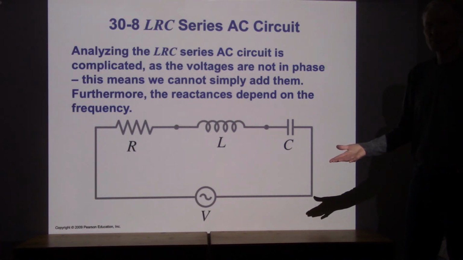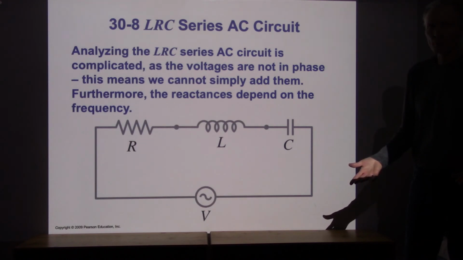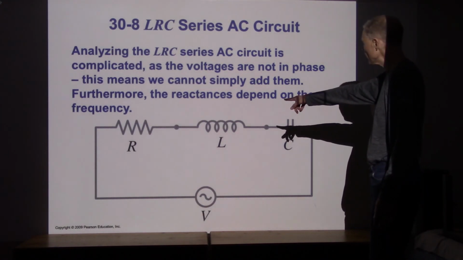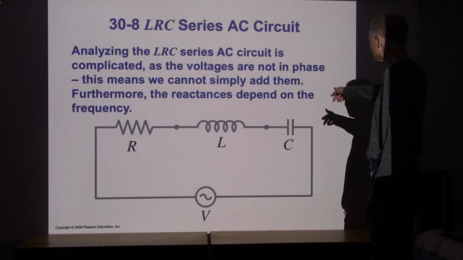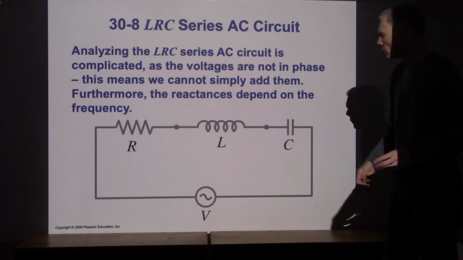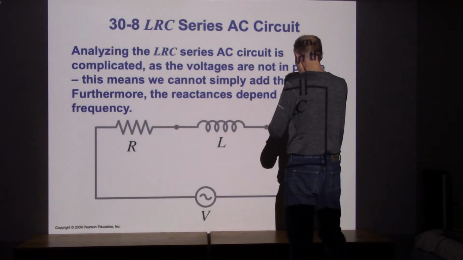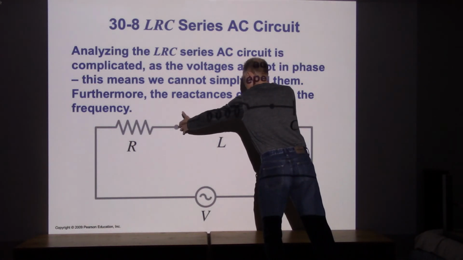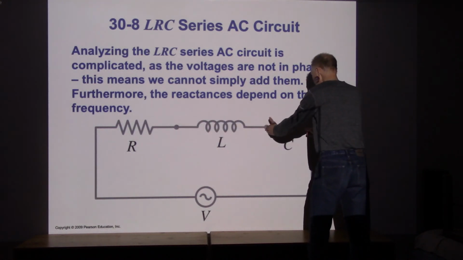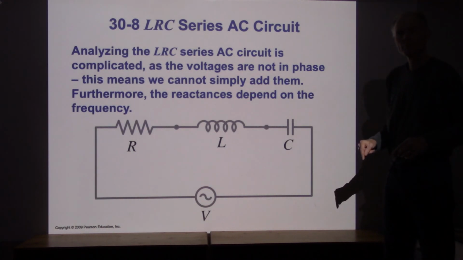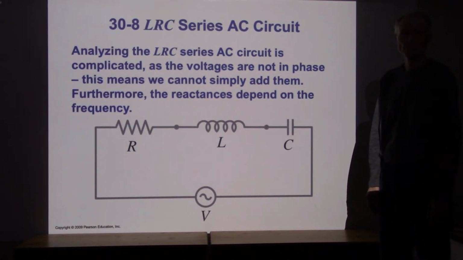There's also the possibility, depending on how we've designed the circuit and what frequencies we're operating at, I could get the voltage on the inductor and the capacitor to exactly cancel out. What if I set up the inductor and the capacitor and the frequencies so that this is 80 volts and this is 80 volts? Then when I put my voltmeter across both of them, it's going to read 0.